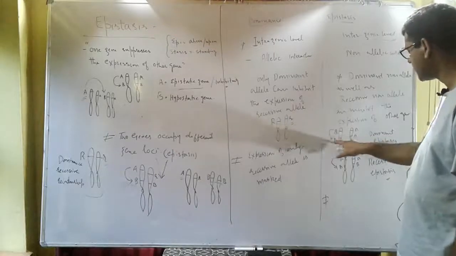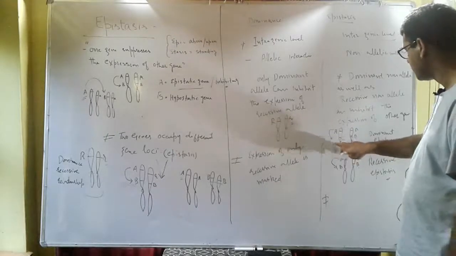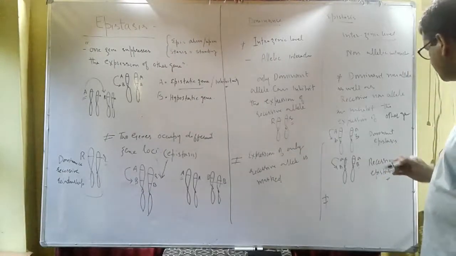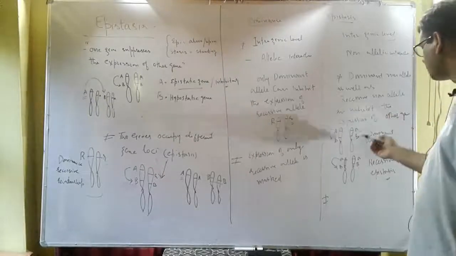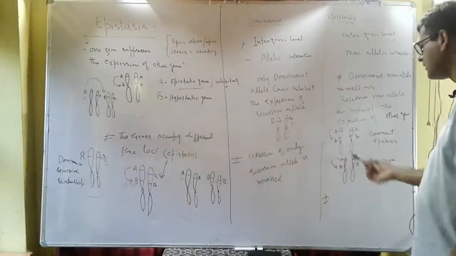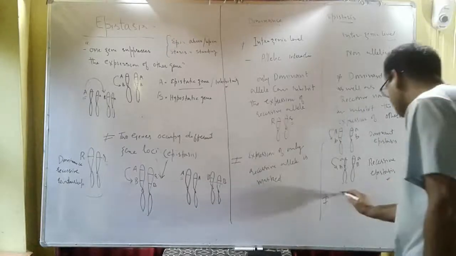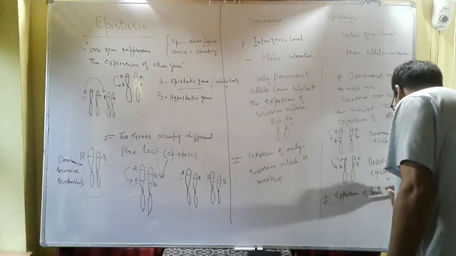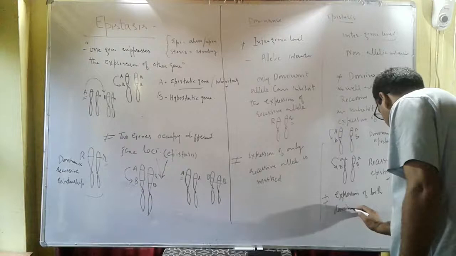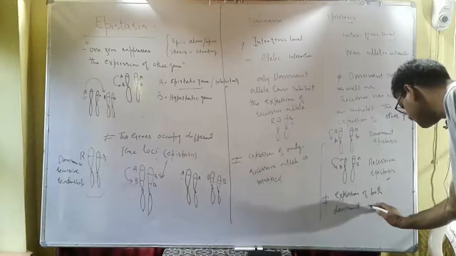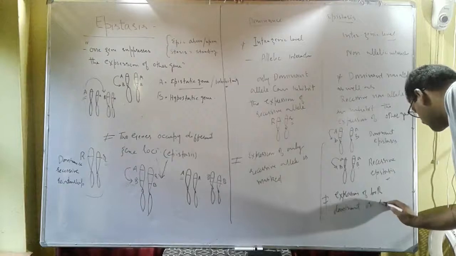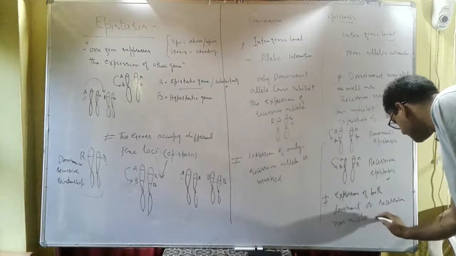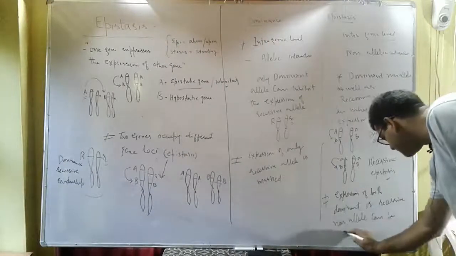For example, instead of this capital B, here also can be this small b. So we can say that the expression of both dominant as well as recessive non-alleles can be inhibited.